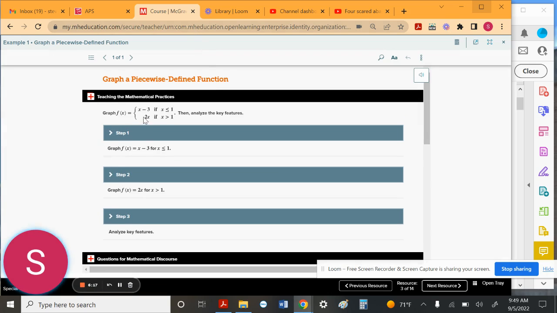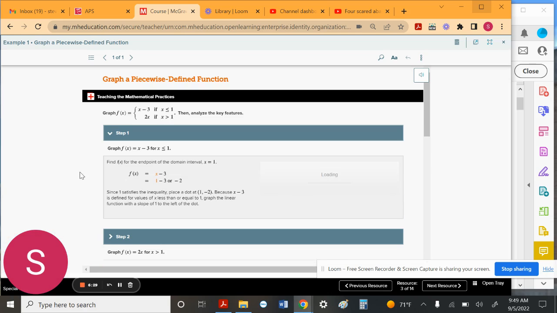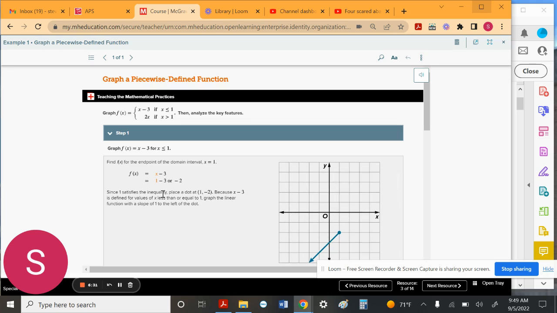Okay, so the graph of the function is x minus 3 if x is less than or equal to 1. The first thing that we're going to do is graph x minus 3. I think it's going to bring up a graph for me. Yep, so when x is less than 1, here is x is 1, so everything to the left of that is going to be it.